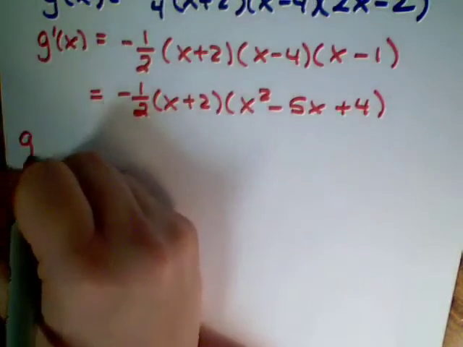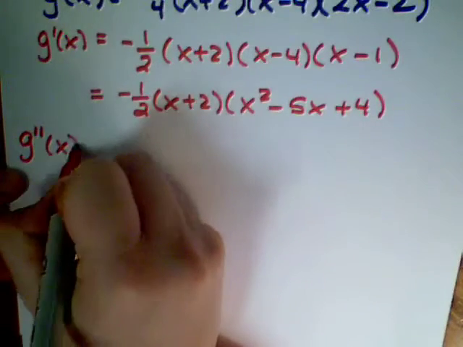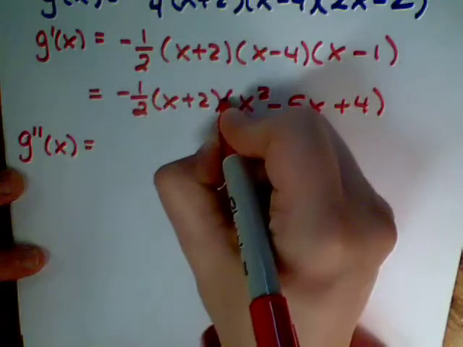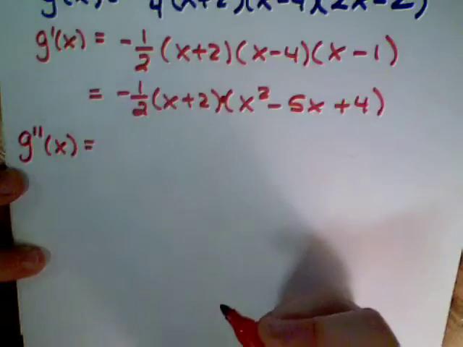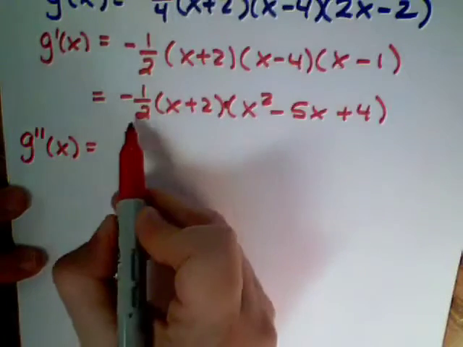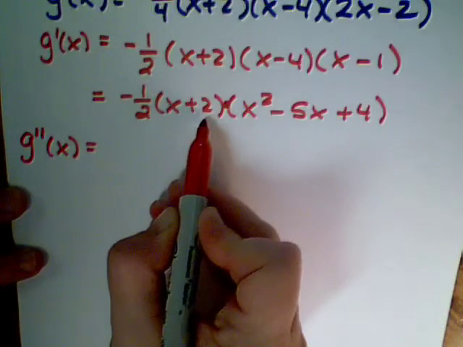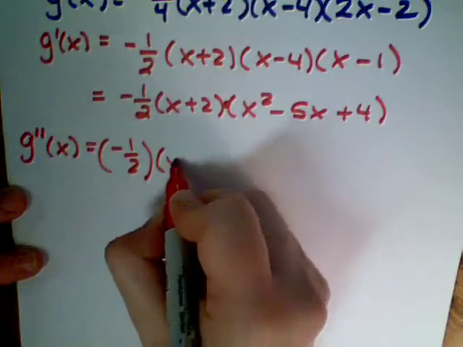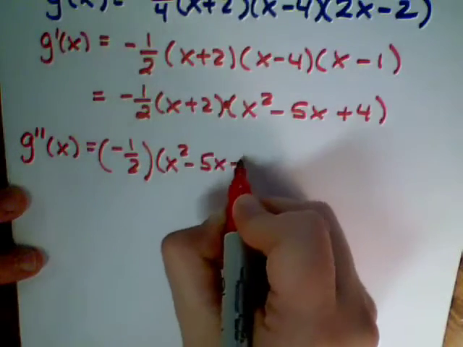And now we can take the derivative of g prime. I'm going to highlight that this is multiplication between those 2 functions. And when I take the derivative of the linear factor, its derivative is just -1/2. I'll leave the quadratic factor alone.